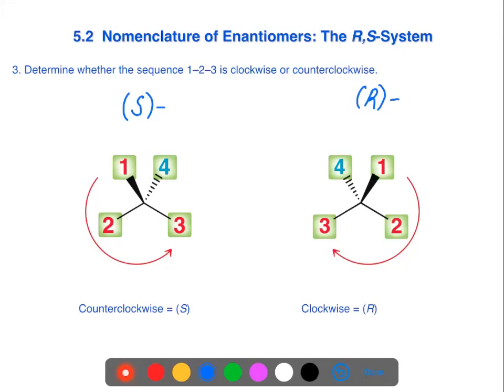So stereo descriptors are literally the last thing that we assign in our naming of organic compounds. So let's look at an example and apply the RS system to it so we can assign the configuration for various chirality centers in organic structures.